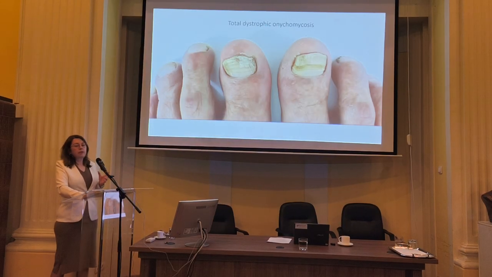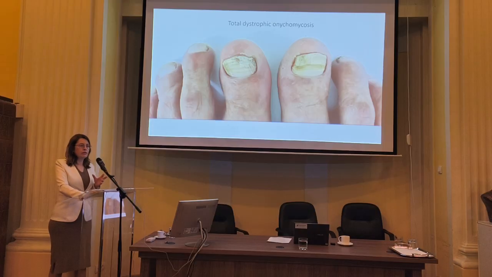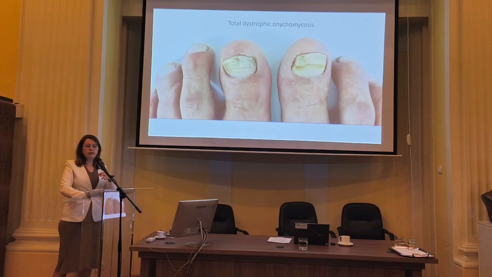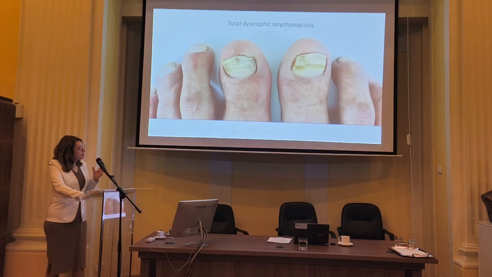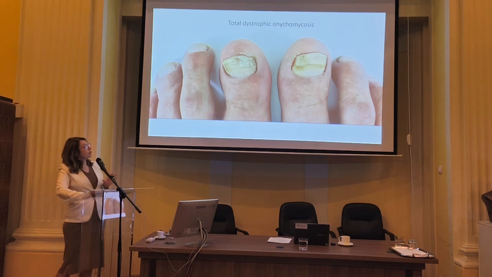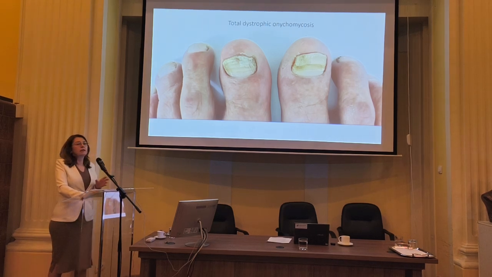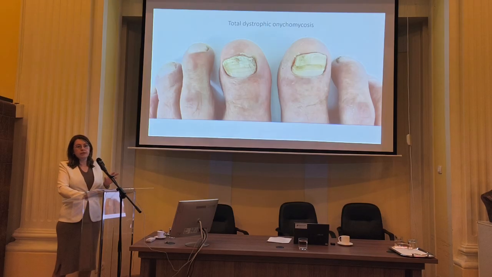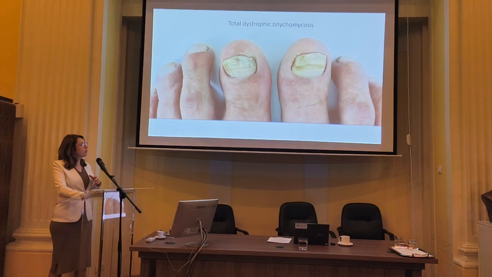Total dystrophic onychomycosis is very frequent nowadays, and there are doctors who see it, but they don't see it. A dermatologist always sees that because usually total dystrophic onychomycosis is more than 2 millimeters thick, and it's very hard to treat. So we have to always employ systemic plus local therapy.